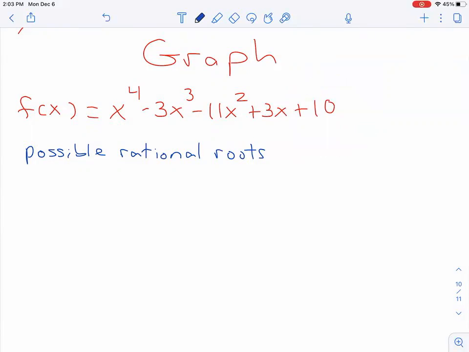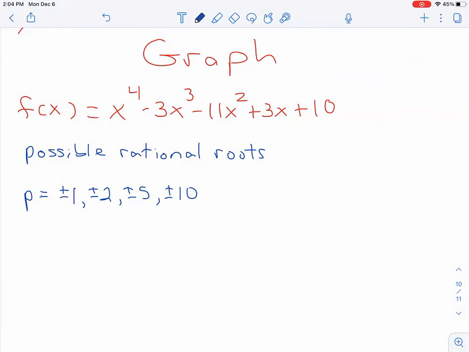So factors of 10. And in fact, I'm going to call them P because if you were to look this up in a book or something, they will use P typically. So our values of P are all the factors of 10, which are plus or minus 1, plus or minus 2, plus or minus 5, and plus or minus 10. Again, those are numbers that are factors of 10, of the last term.